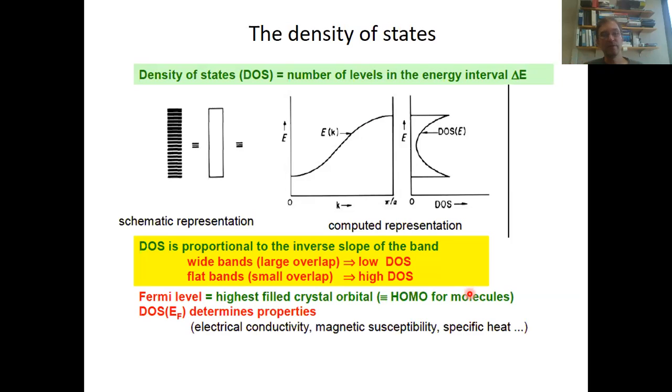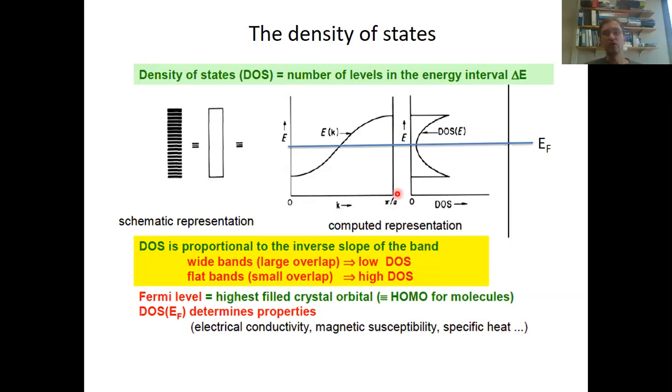And similarly, the Fermi level is important because it determines many properties of an extended solid. For instance, electrical conductivity, magnetic susceptibility, specific heat, and so forth. And we will look at some of these properties in more detail a little later on in this course.